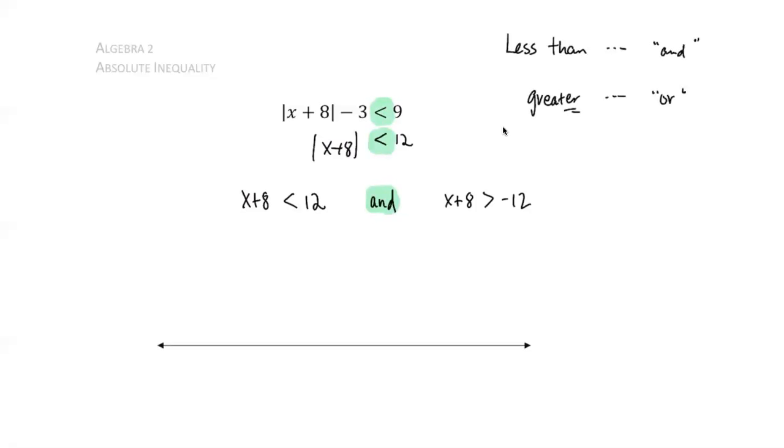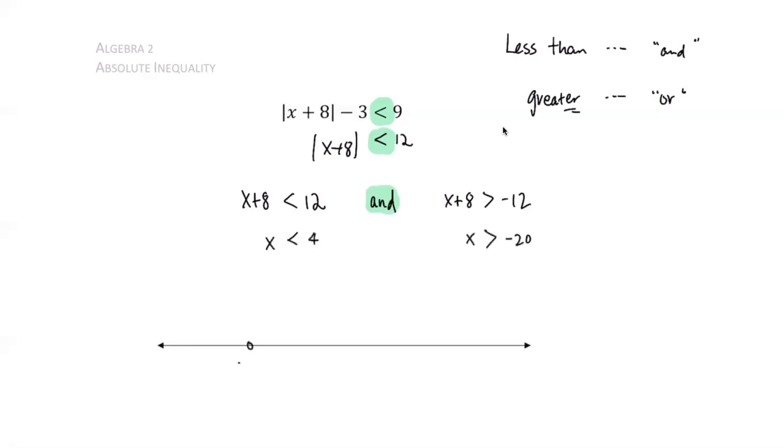Okay, so this will be an and relationship, and we will have to subtract 8 on both sides, so we get x less than 4, and then we will have x is greater than negative 20.